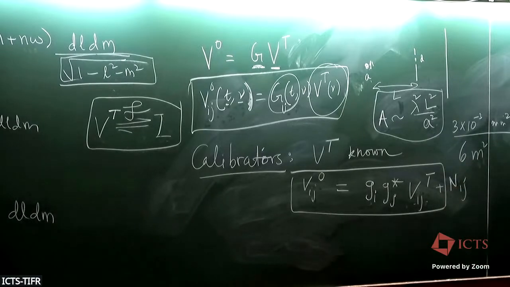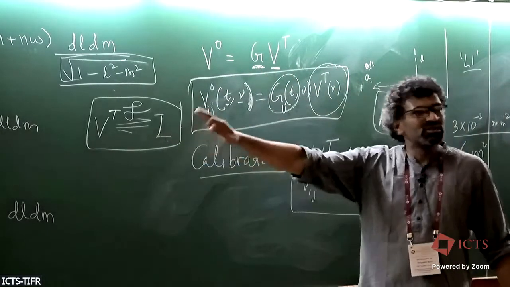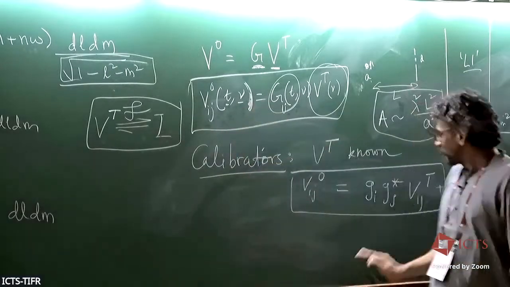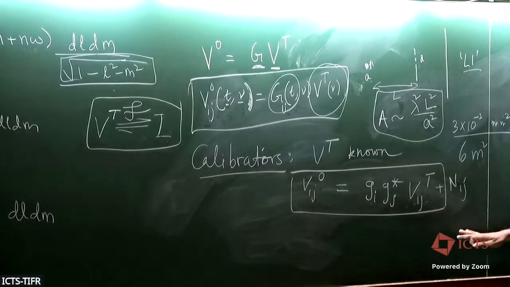For most of the interferometric arrays, you will find that something called the L1 norm has to be minimized instead of the L2 norm when you are trying to find the best estimate of the gains in the presence of noise. Why L1 works better than L2 has to do with your electronics, your system and so on. But effectively, you can solve this set of equations to get the gains.